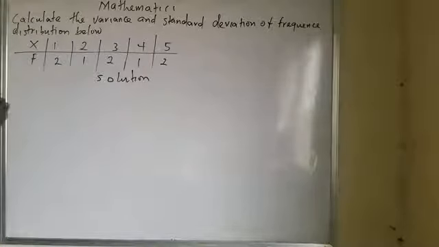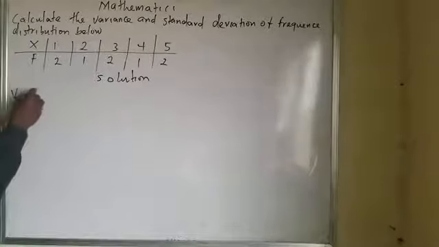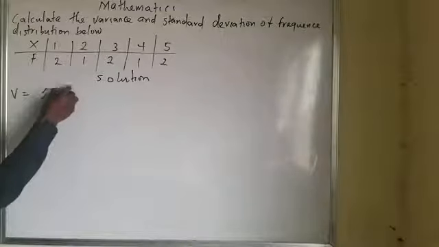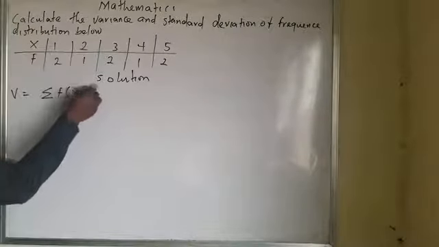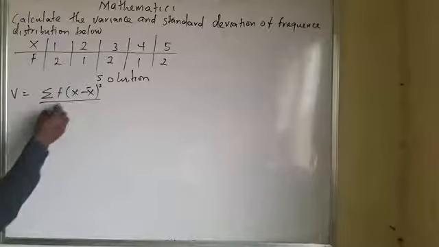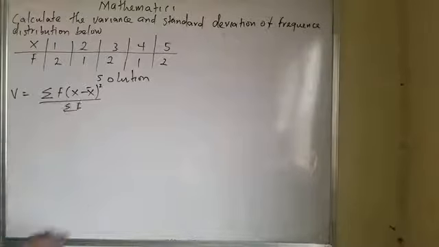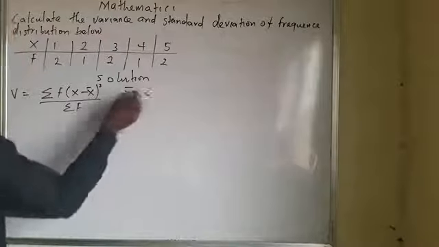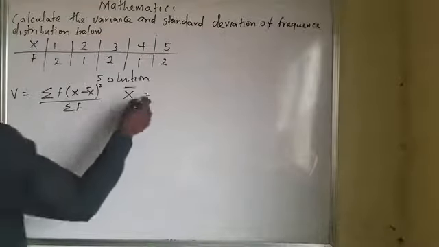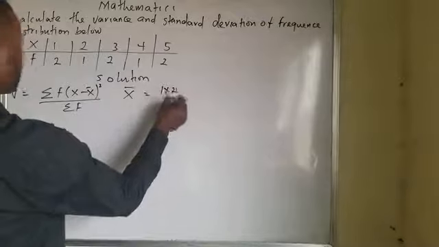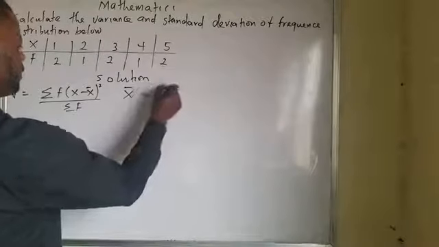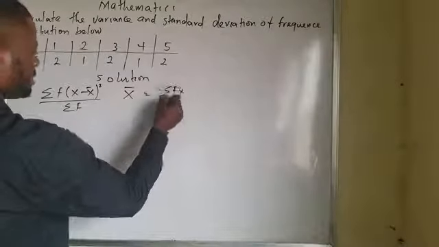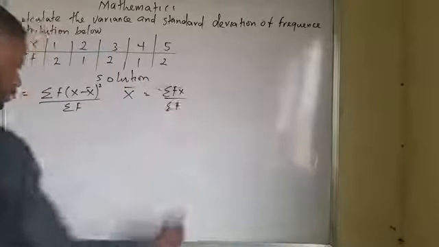At this point, my variance will be equal to the summation of f times (x minus x bar) squared divided by the summation of f. That is how to go about it. Now my mean will be equal to the summation of f x divided by the summation of f.